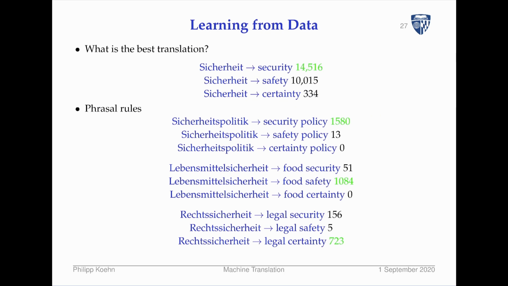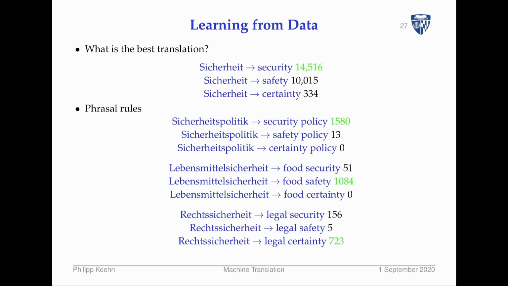If you actually look at the surrounding words, it helps a lot to disambiguate the meaning. Here, the word Sicherheit is paired with another word. In German, this is written together. German has these famous noun compounds, but it's essentially just a sequence of two nouns. So you have Sicherheitspolitik, that means security policy.